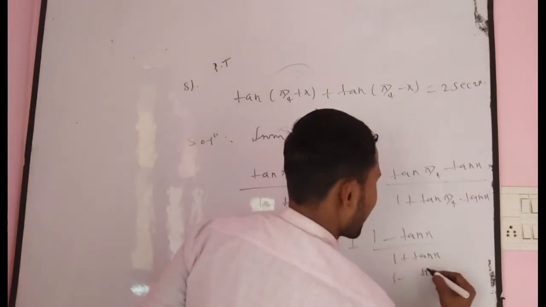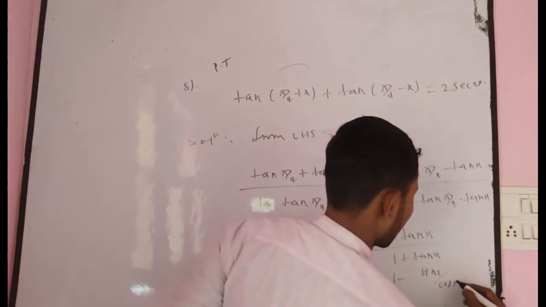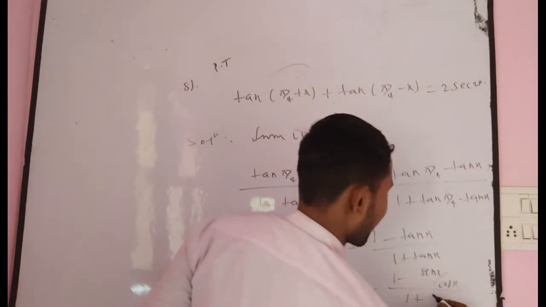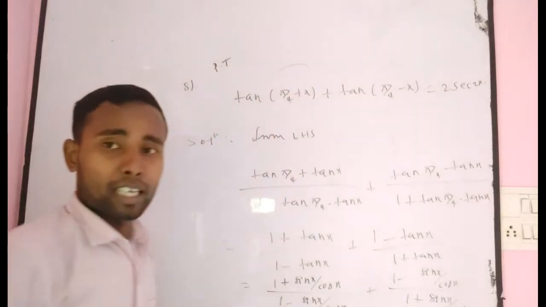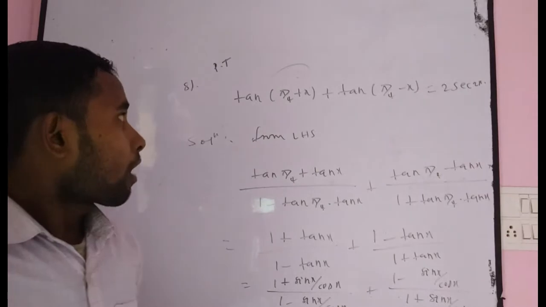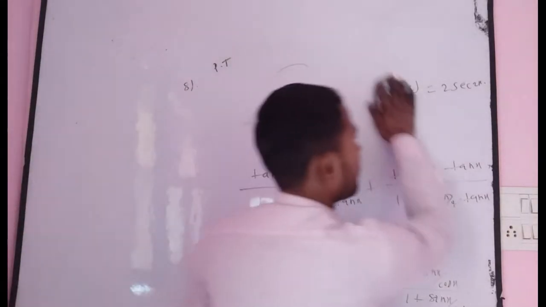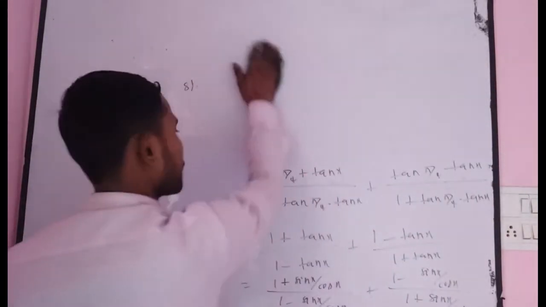Similarly, 1 minus tan x becomes 1 minus sin x by cos x divided by 1 plus sin x by cos x. I think you understand my logic. Now you have to reach 2 sec 2x. Remember it?